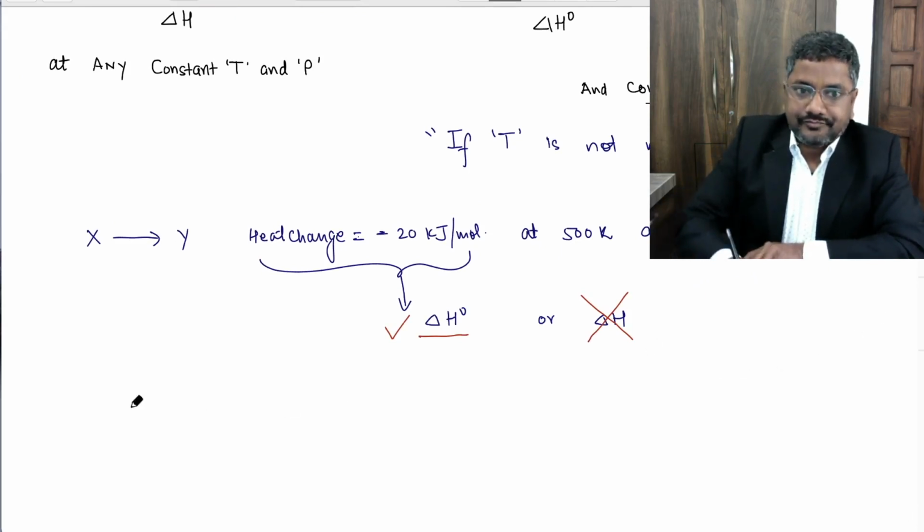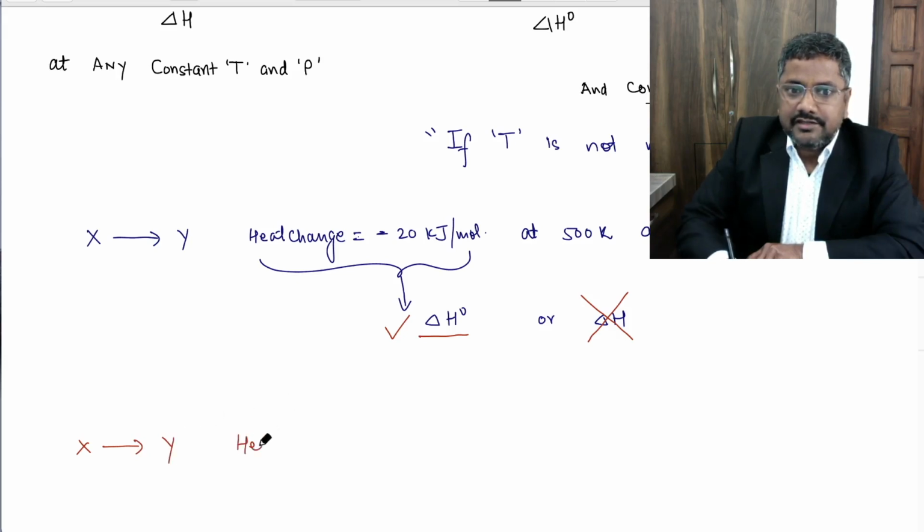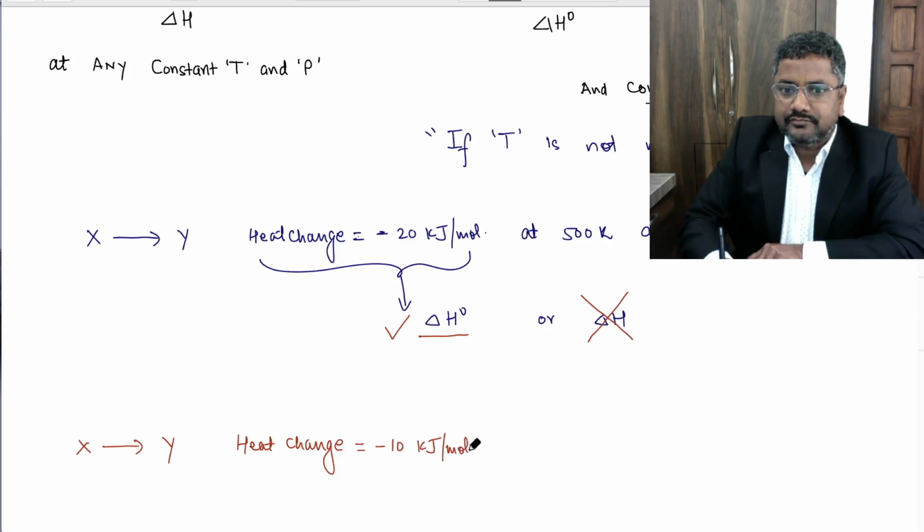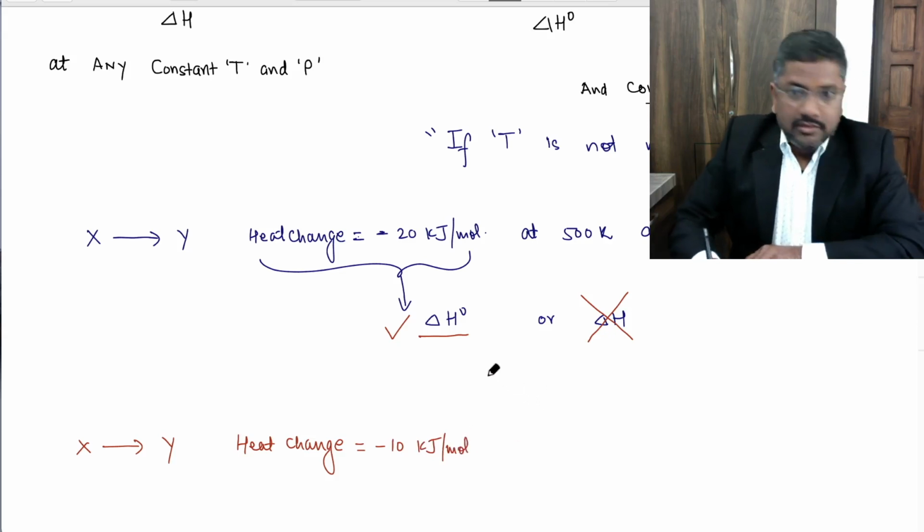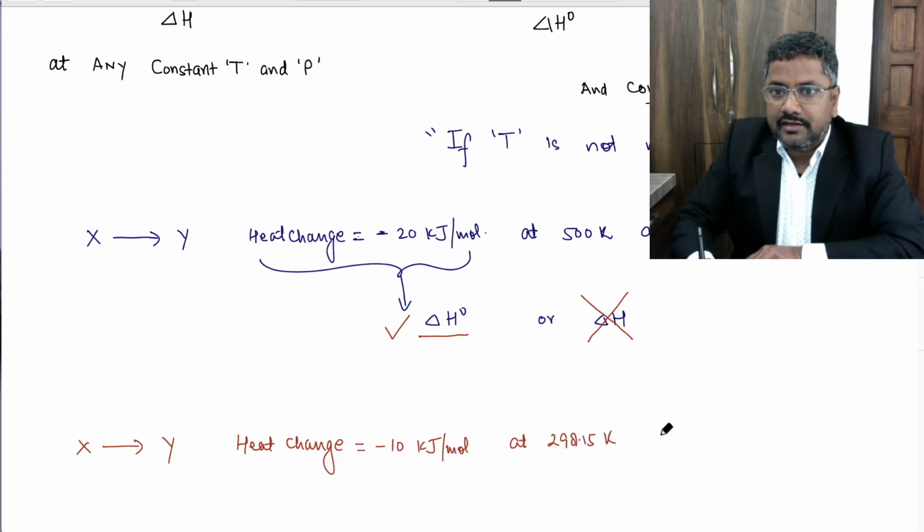Similarly, if X gives Y, and this time the heat change is equal to minus 10 kilojoules per mole at 298.15 Kelvin and 0.5 bar, right?